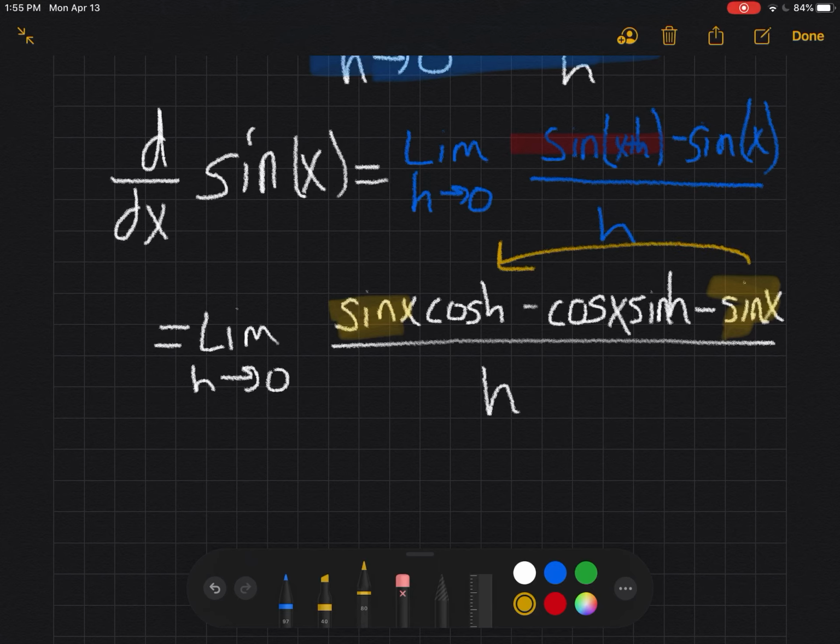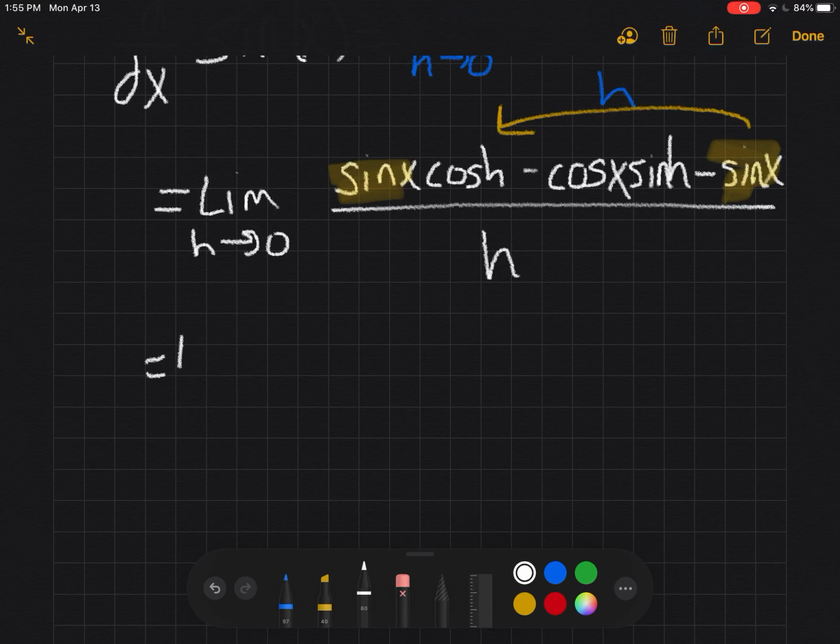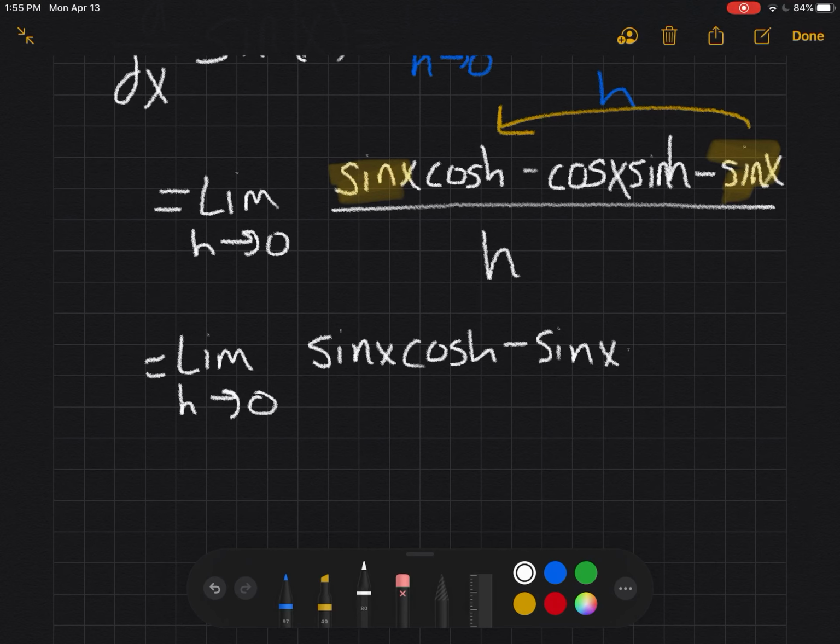And what I'm hoping you see here is that we have some common factors. I have sine of x here, and I have a sine of x here. So all I'm going to do is rearrange my terms and bring this one forward so that I can factor.